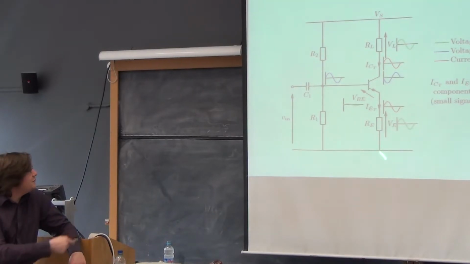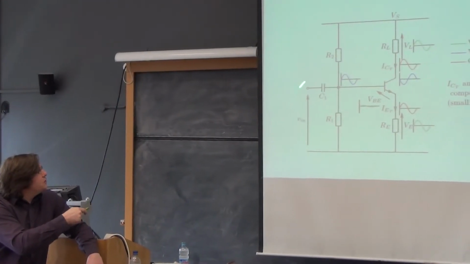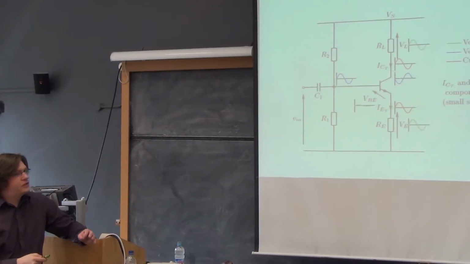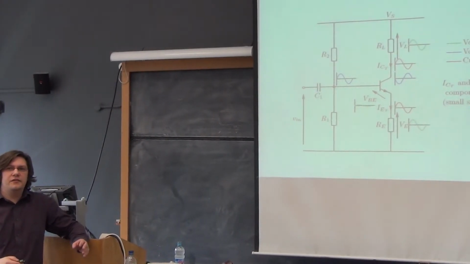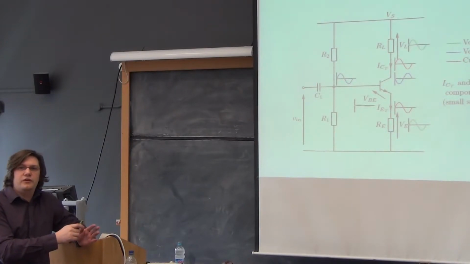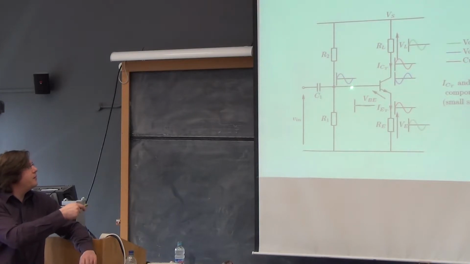So, we put a voltage source here, and we put a voltage in the base, and we'll assume that we've just switched the transistor on, and in the infinitely small amount of time we're looking at, nothing interesting has happened to the transistor yet, but we're worried about what will happen to the signal when it goes in.